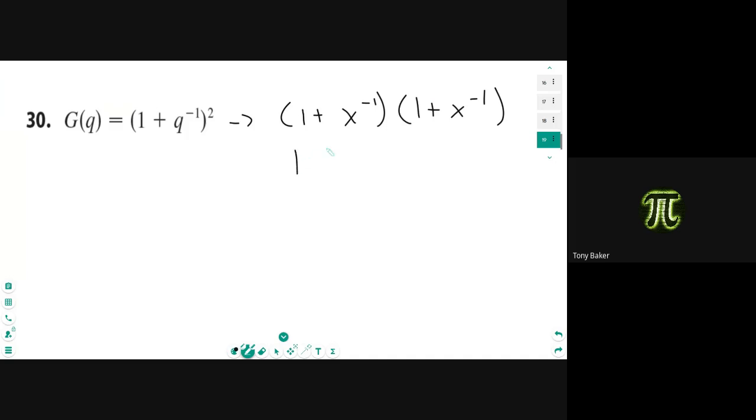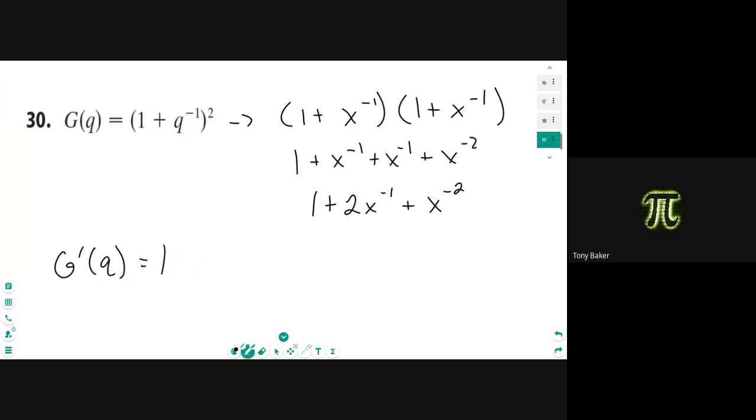So I've got 1 plus x to the negative 1, plus x to the negative 2. So therefore my derivative is 1 minus 2 x to the negative second. It's not 1. Negative 2 x to the negative second minus 2 x to the negative third.